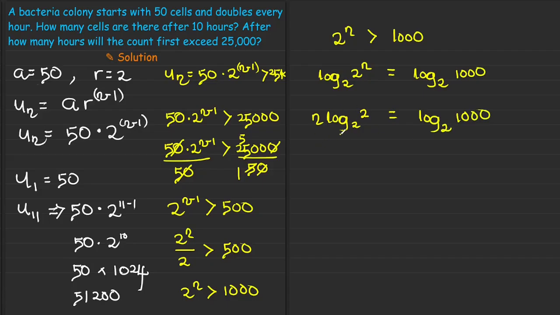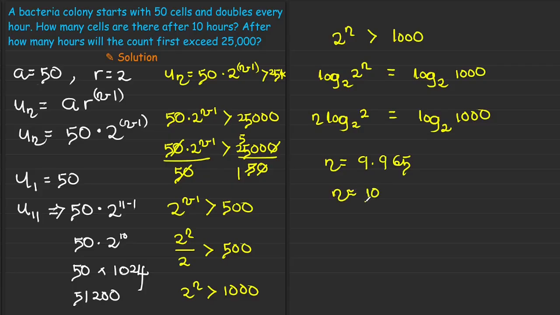Now, since this is the logarithm of the same base and number, we are going to get our n being equal to the logarithm of 1,000 to the base of 2. And evaluating that on your calculator, you get 9.965. Hence, n is approximately 10.